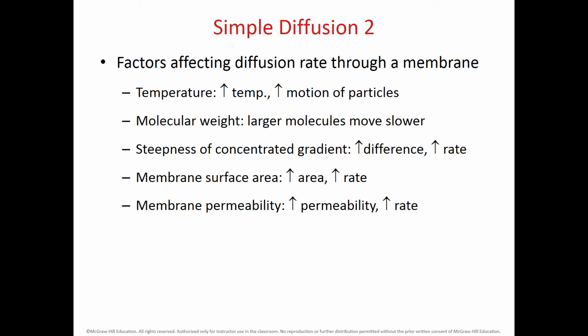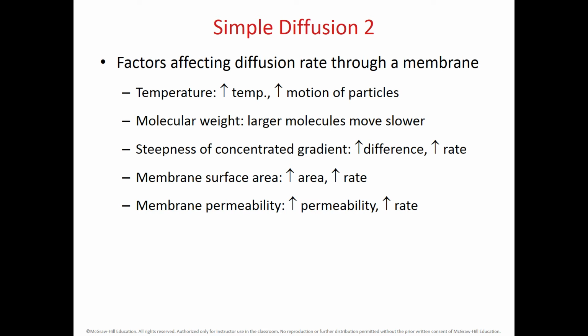I already mentioned what affects simple diffusion: temperature, and also molecular weight. I forgot to tell you this. The heavier the molecule, the less simple diffusion you will have, because, of course, the larger molecules will tend to have more resistance to motion because they are heavier.